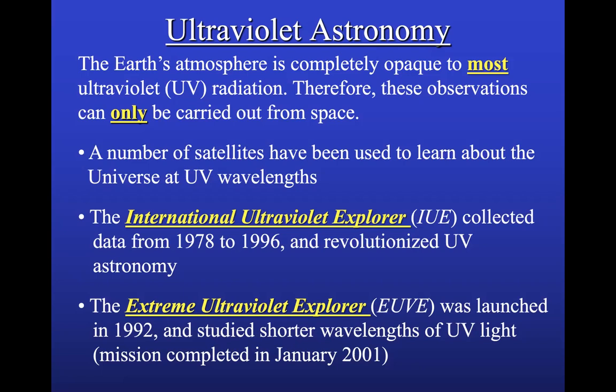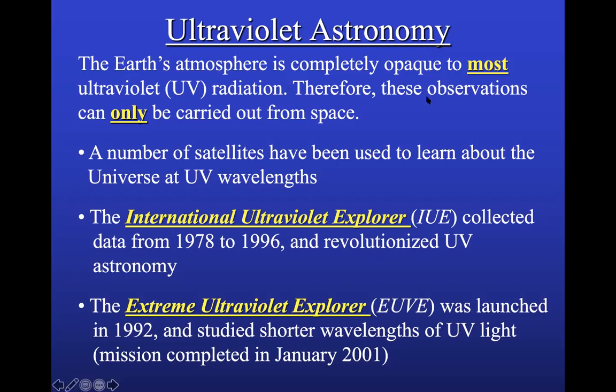Earth's atmosphere is basically opaque to most of the ultraviolet radiation. There is a small narrow band that you can still observe from the Earth, but it is not as good or clear as the optical region that we are observing.